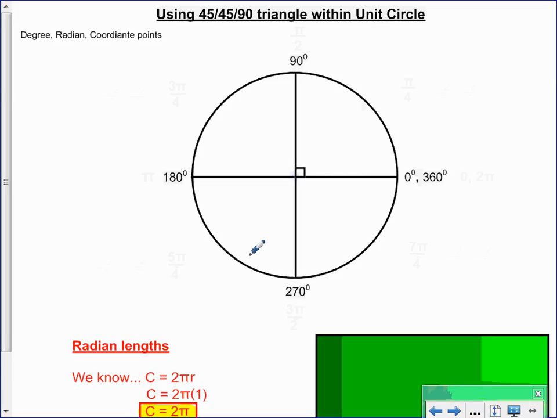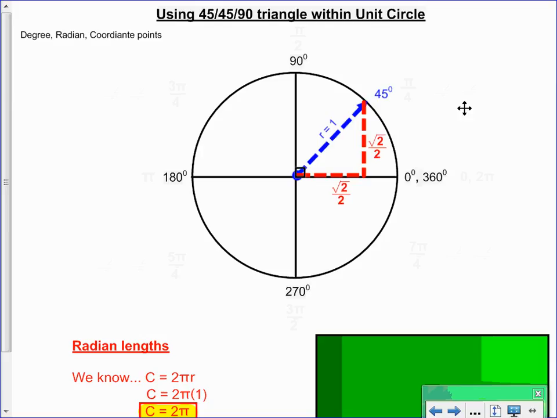When it comes to the unit circle, start with the easiest right triangle, which is the 45s. So at 45 degrees, the y and the x are root 2/2.